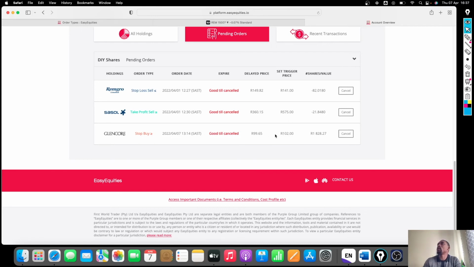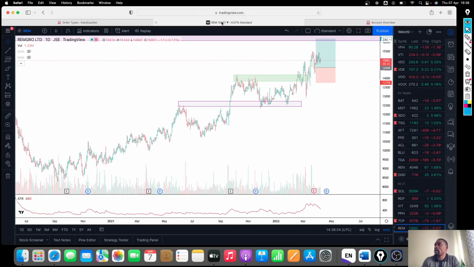But once it reaches 102, I want that trade to be triggered. Once the trade has been triggered, then this order will be removed, because it will have been executed. Then I will come back to set the stop loss order on Glencore. So that is how I normally use this different buy order function.